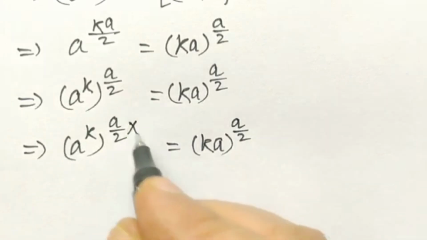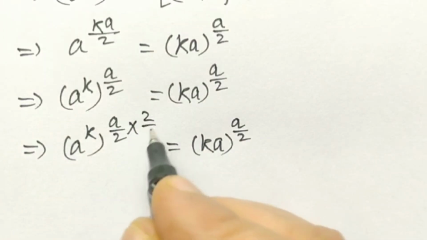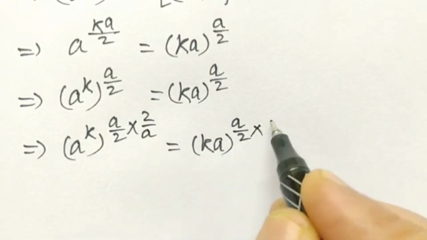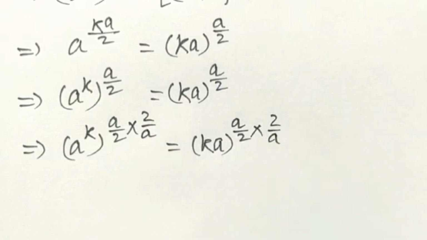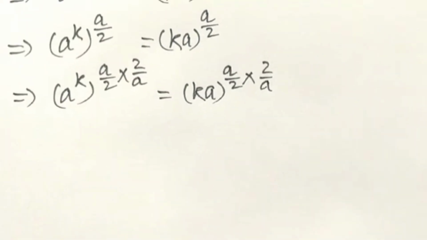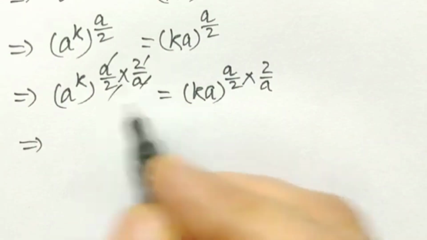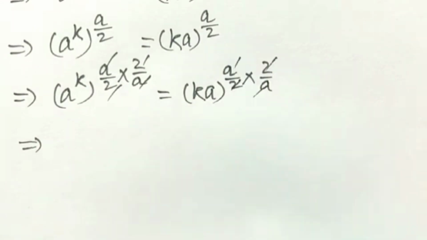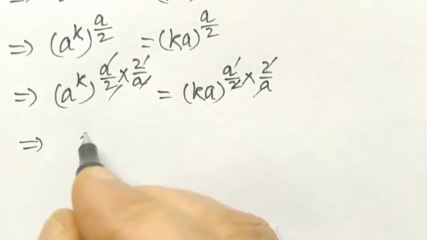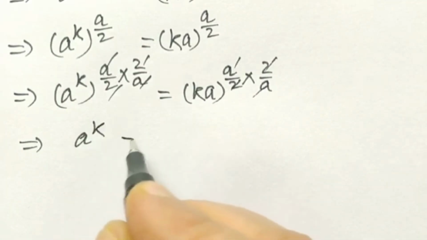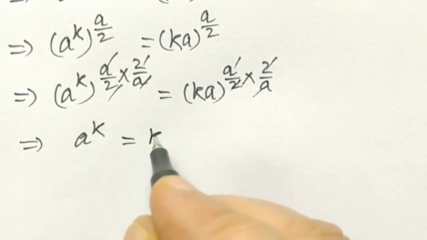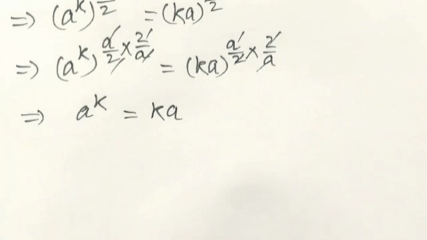If we multiply both sides by 2 by a, the exponents cancel out, and we get a to the power k is equal to k into a.